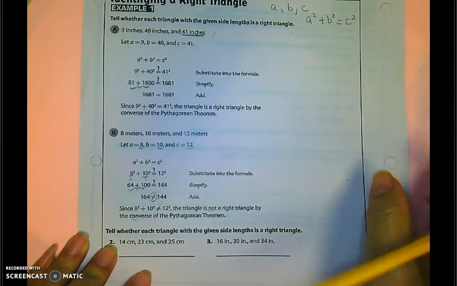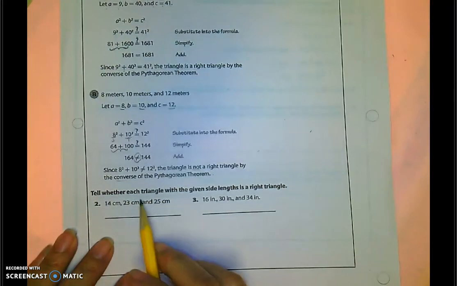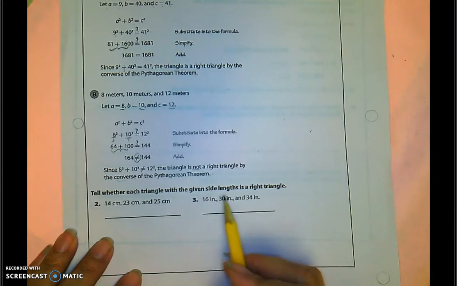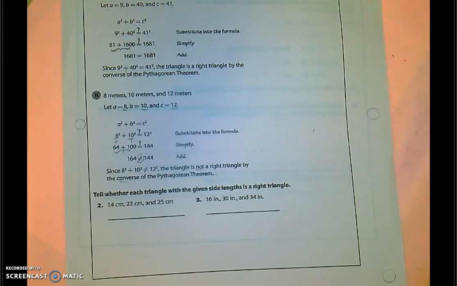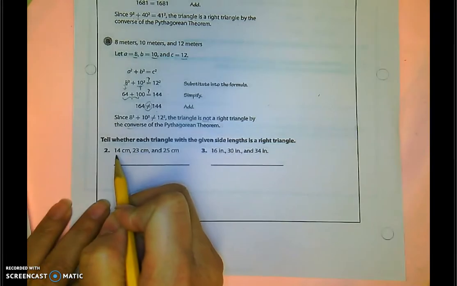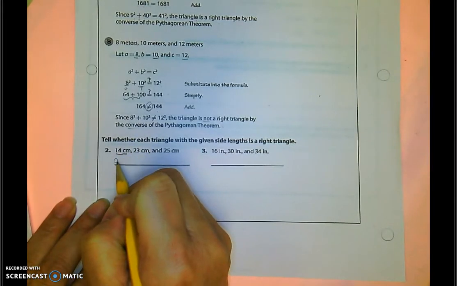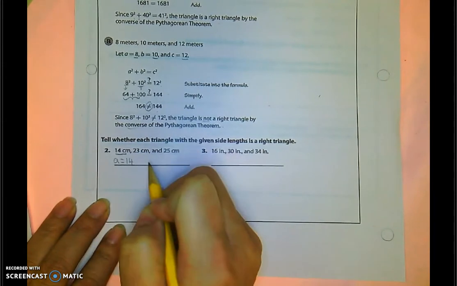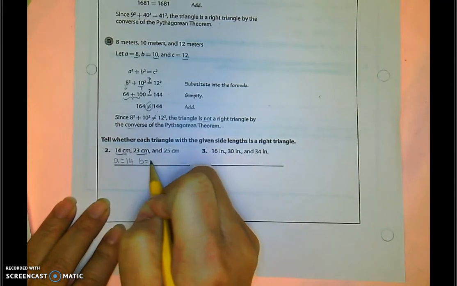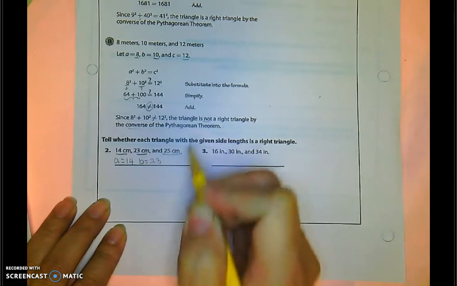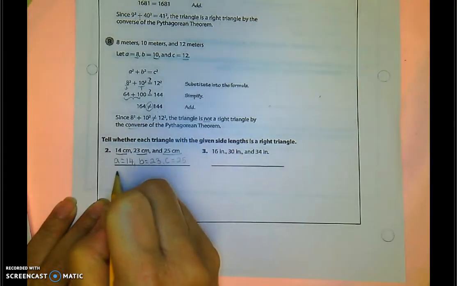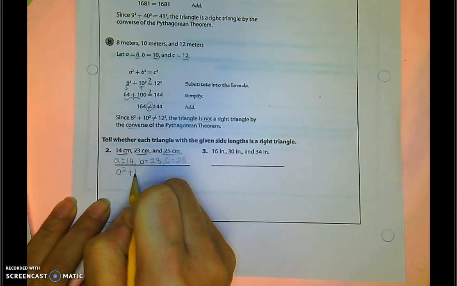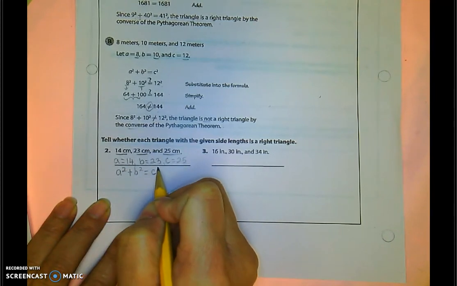Now, your turn. Tell whether each triangle with the given side length is a right triangle. Let A be 14, B be 23, and C has to be the longest one, 25. We write an equation, A squared plus B squared equals C squared.